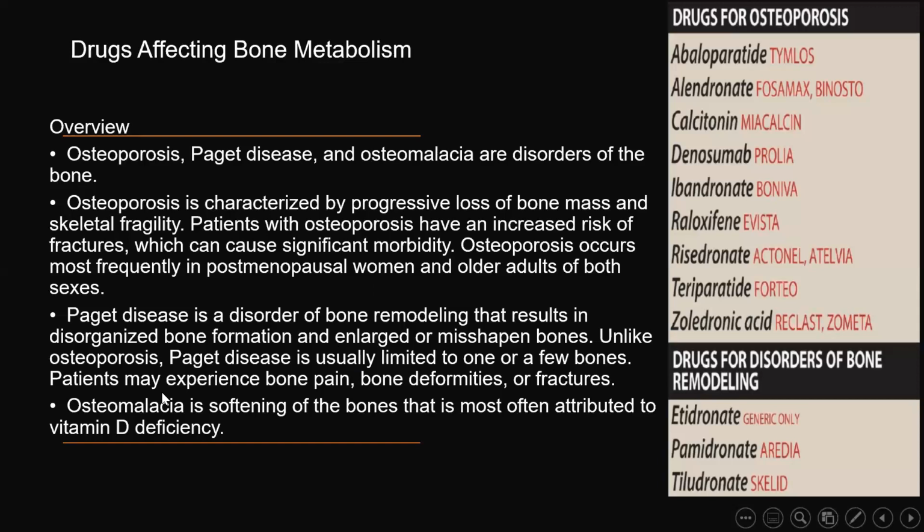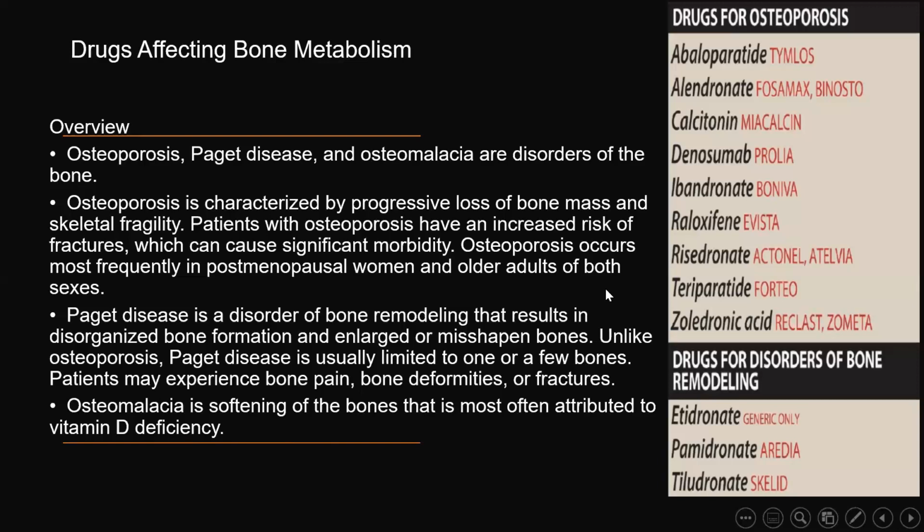Patients with Paget disease also experience bone pain and bone deformities, and also there is an increase in fractures and morbidity. The last one, osteomalacia, can be defined as a softening of the bones, and it is mostly related to a decrease in vitamin D levels in the body.